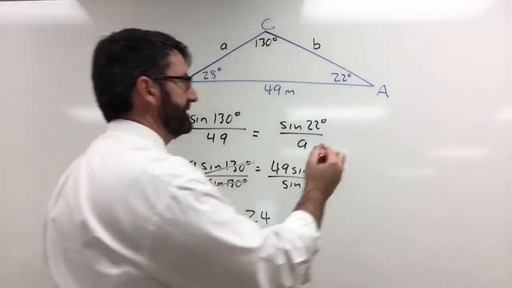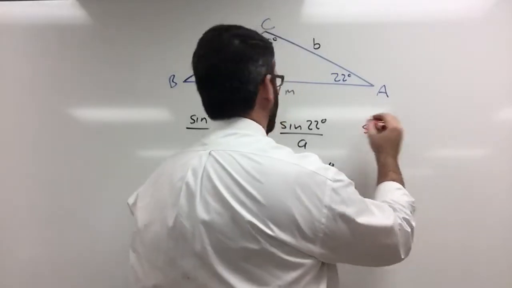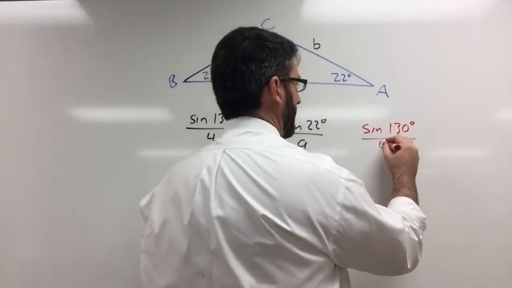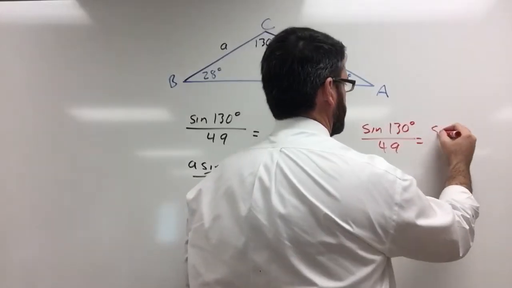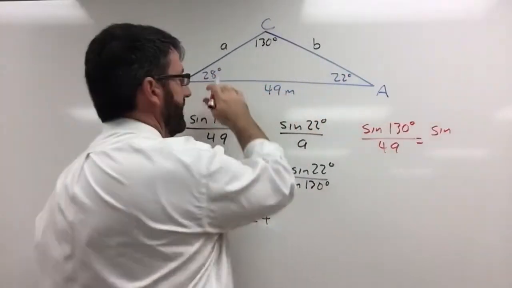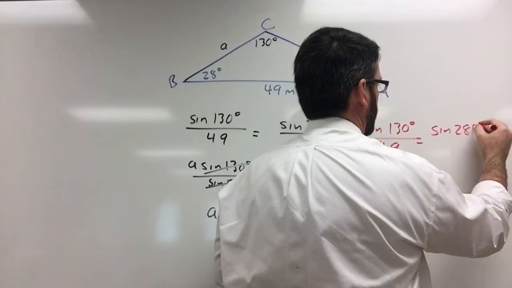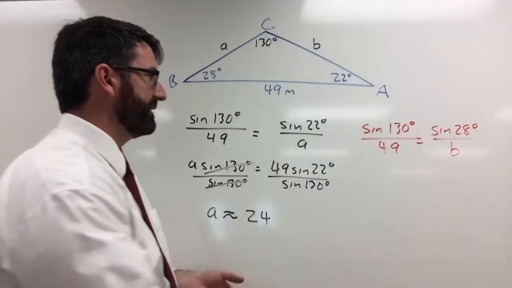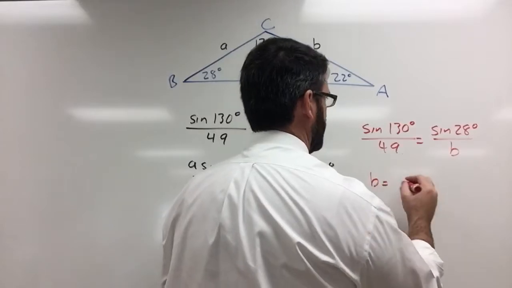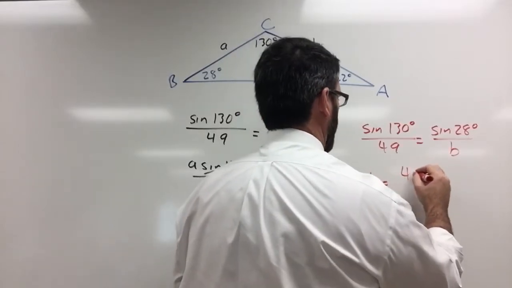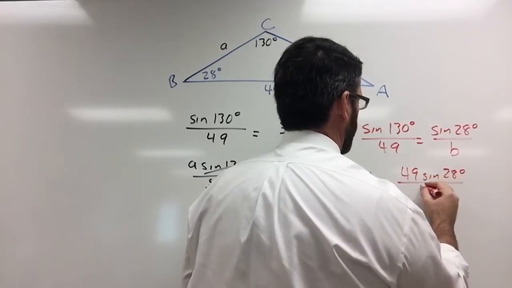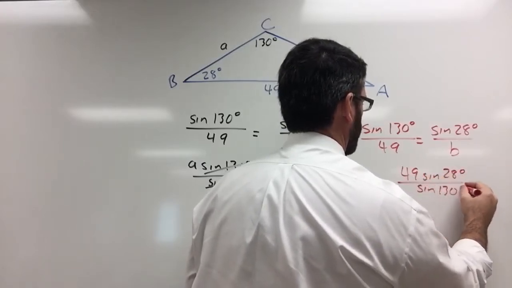So this is going to be set up the same way. The sine of 130 degrees divided by 49 is equal to the sine now of 28 degrees divided by side B. And so this is going to work out the same way. So we're going to get that B is equal to 49 times the sine of 28 degrees divided by the sine of 130 degrees.